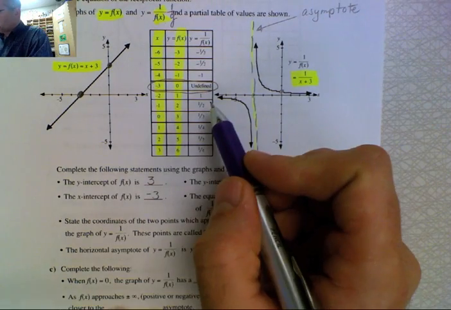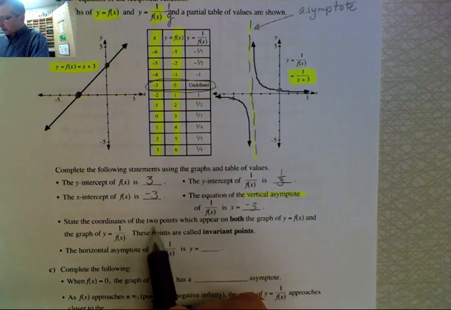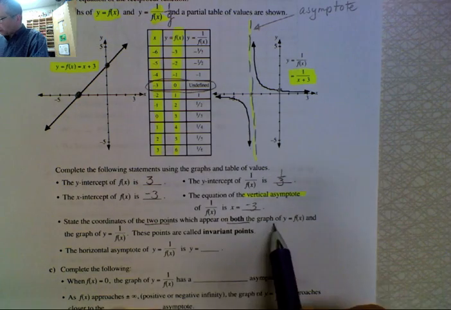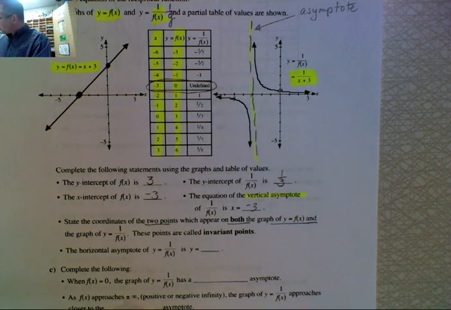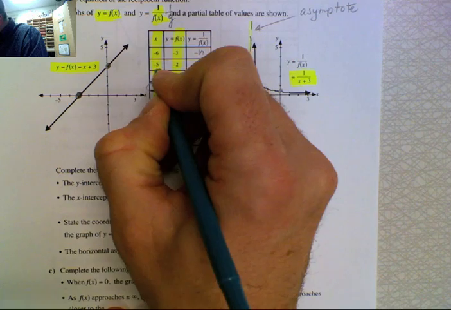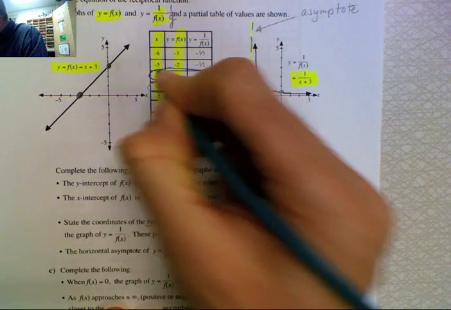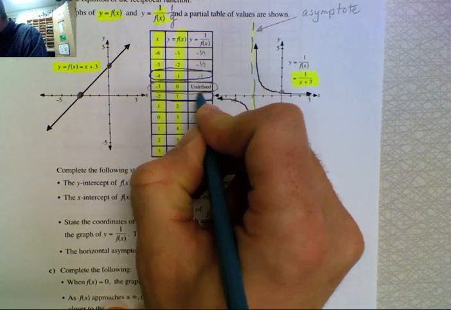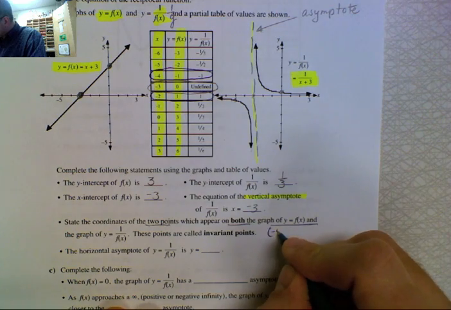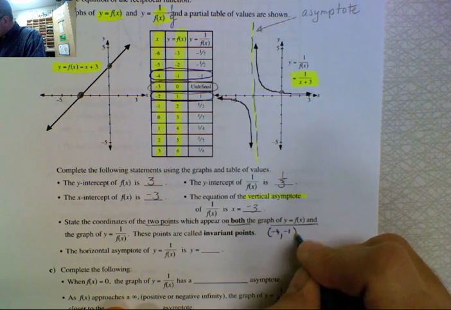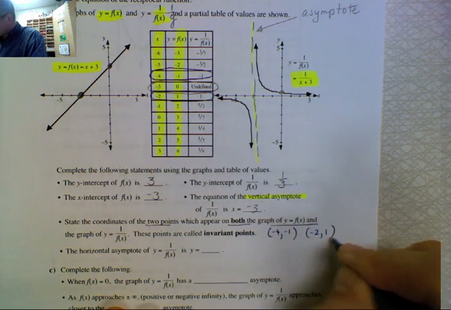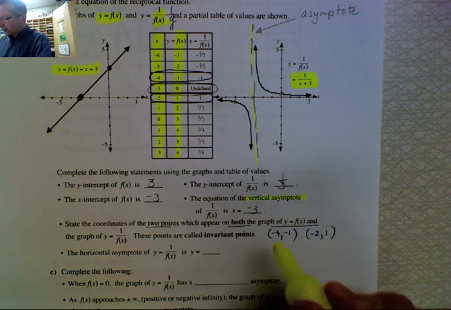The other thing you're going to notice is that there are 2 points which appear on both graphs. Those particular points are (-4, -1) and (-2, 1). Those are the coordinates of the points.